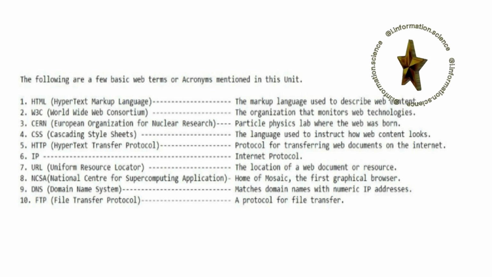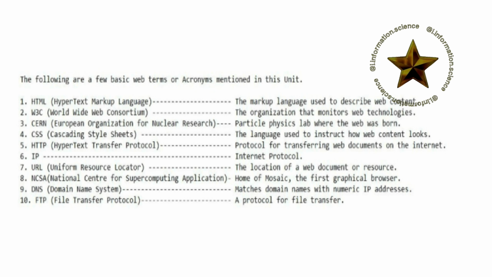CERN, European Organization for Nuclear Research, particle physics lab where the web was born. 4. CSS, Cascading Style Sheets, the language used to instruct how web content looks. 5. HTTP, Hypertext Transfer Protocol, protocol for transferring web documents on the Internet.